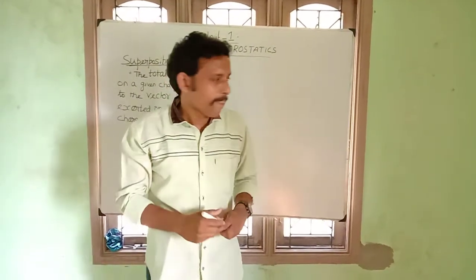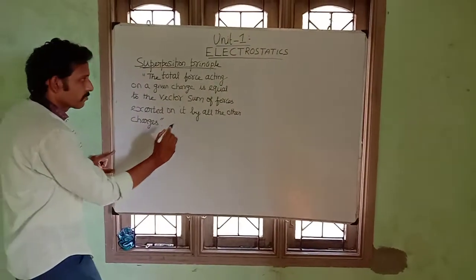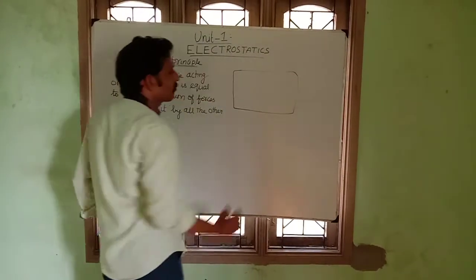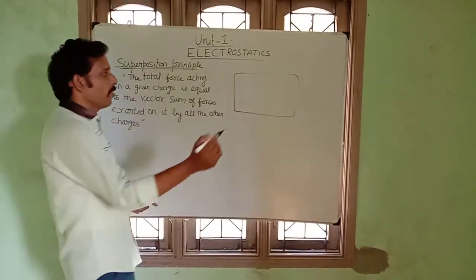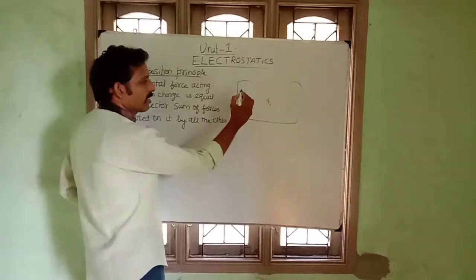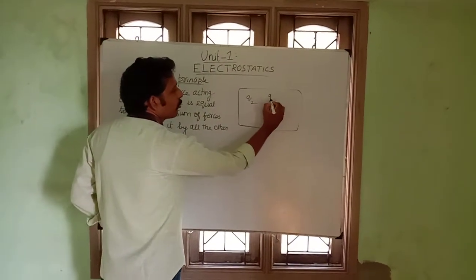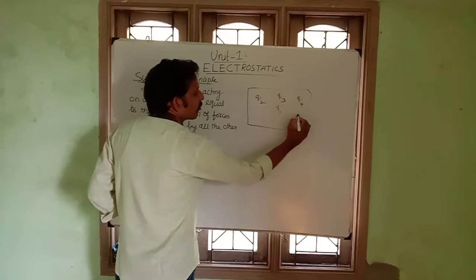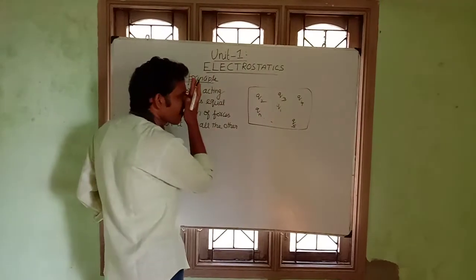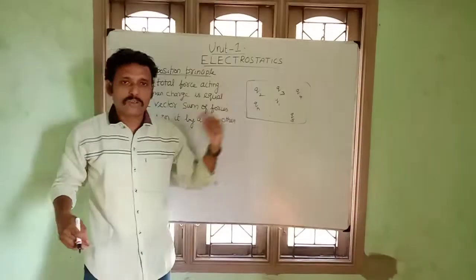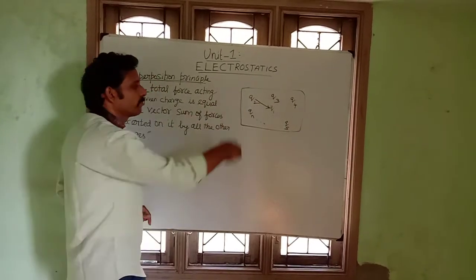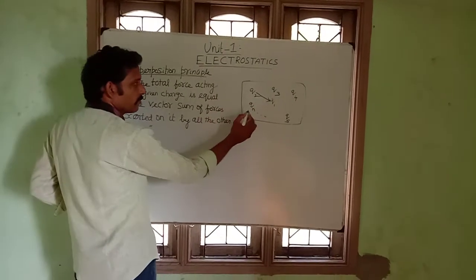In the same manner, consider a system. We have Q1 as one charge, and let us take the surrounding charges Q2, Q3, Q4, Q5, up to Qn. Q1 is the charge now. Q2 will exert a force on charge Q1.